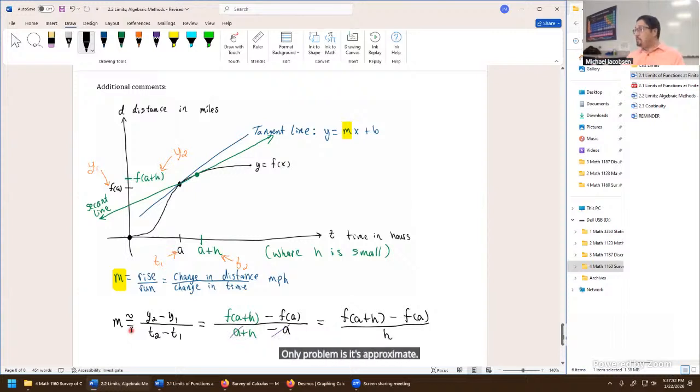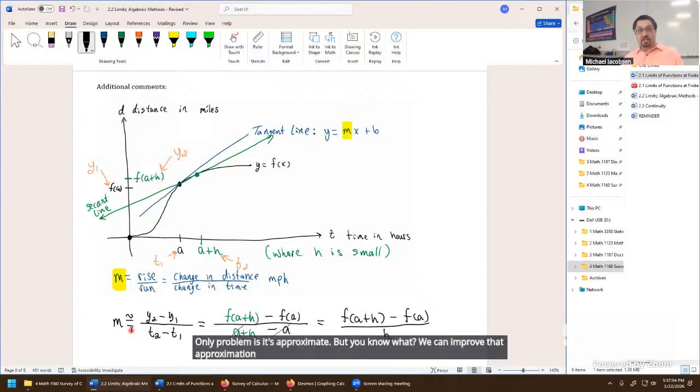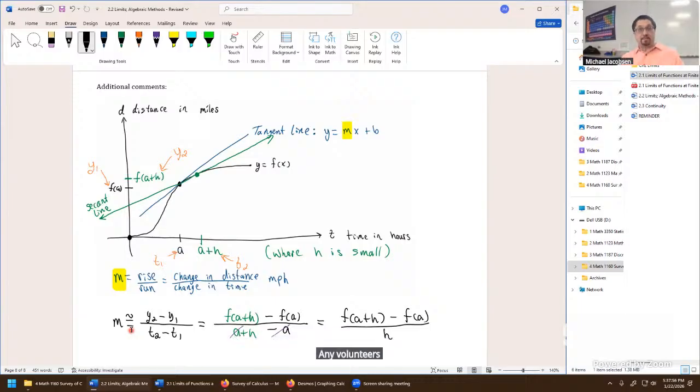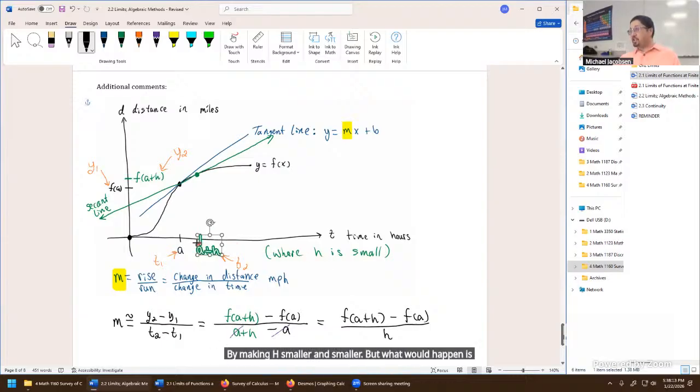But you know what? We can improve that approximation. Any volunteers to say a way to make that approximation better? Yeah, absolutely. If we take a limit by making h smaller and smaller and smaller, what would happen is the a plus h gets closer and closer to a.